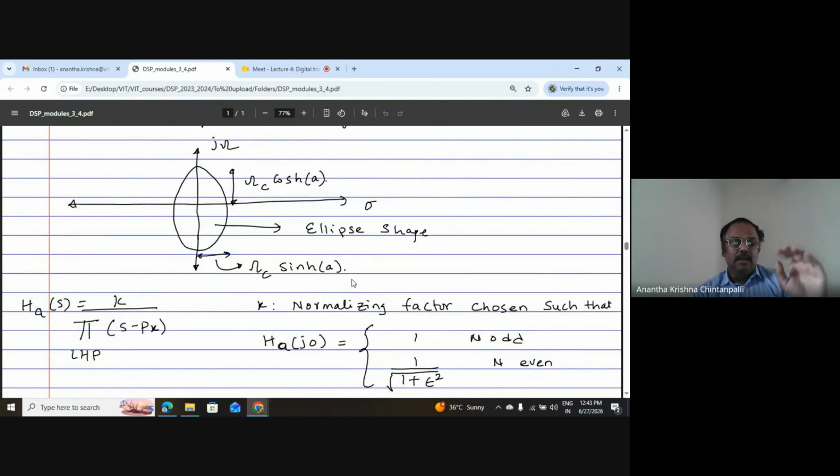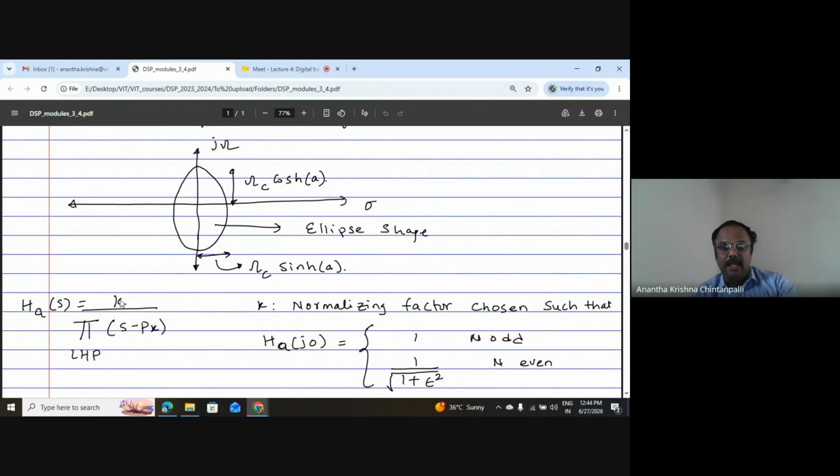Now, to get a system function, we have to take the poles on the left hand side, which is going to be the product of s minus pk over the poles on the left hand side, and the numerator has a k, a constant parameter. Let me rephrase.